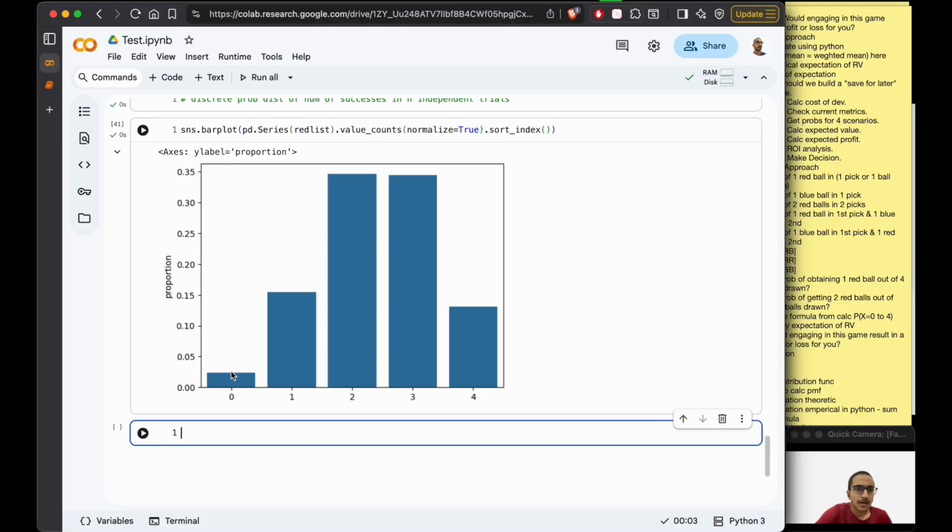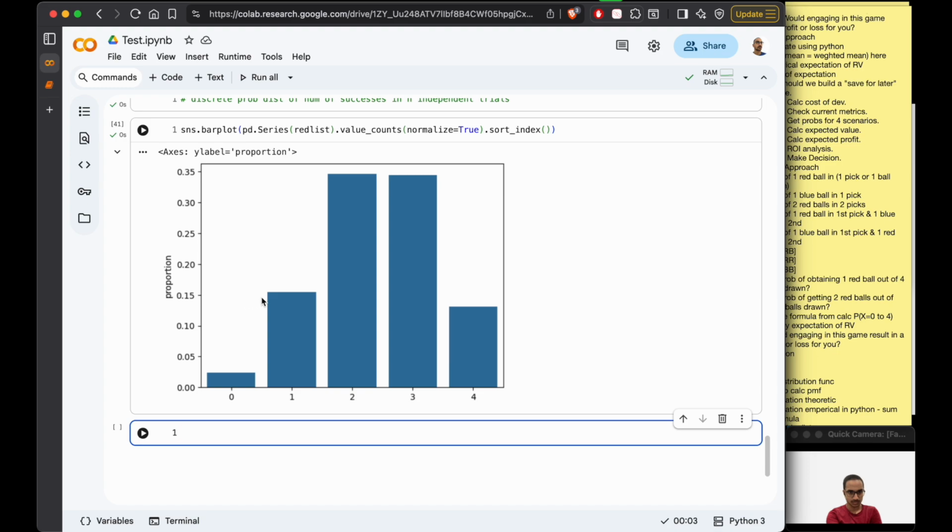If you see here, each bar represents the probability of a particular value of a random variable. You see here, this one is close to 3.5.